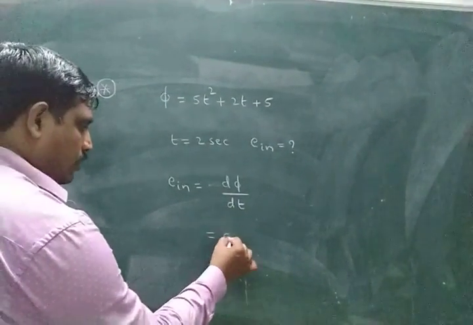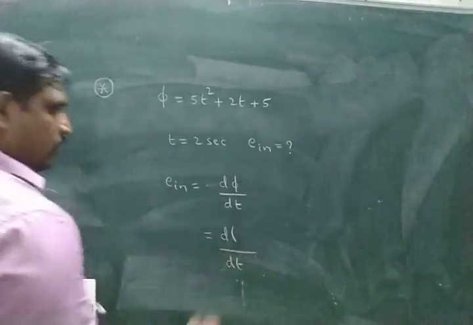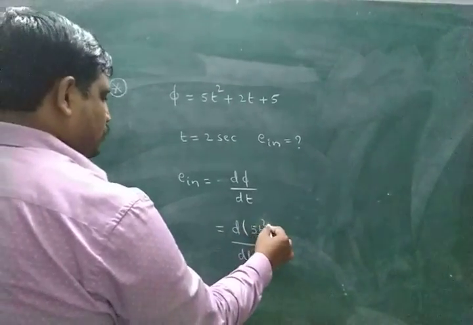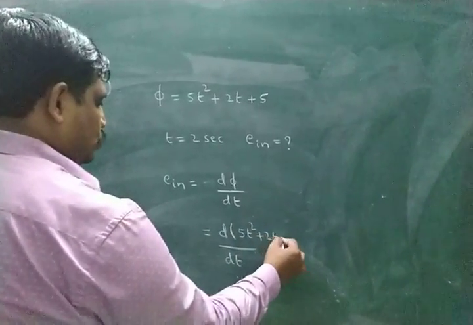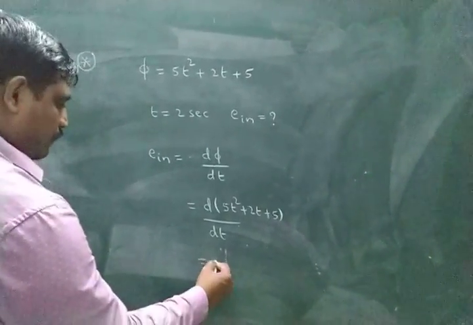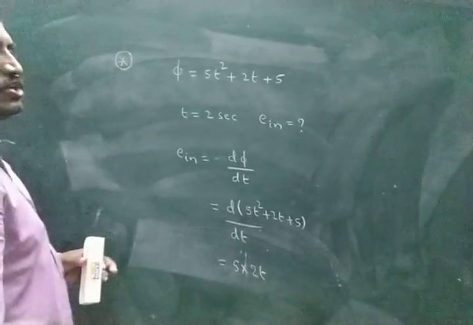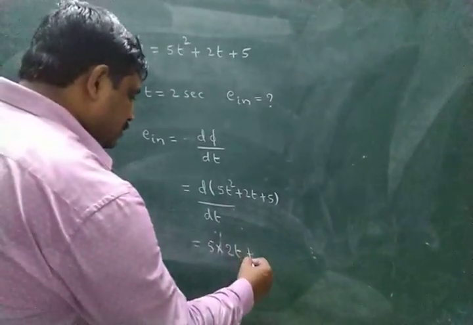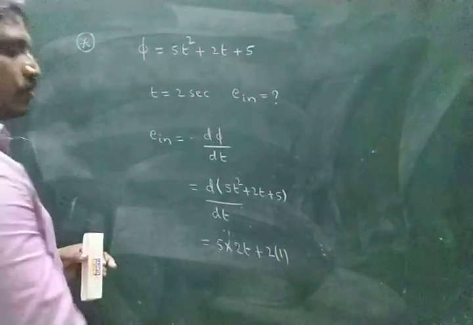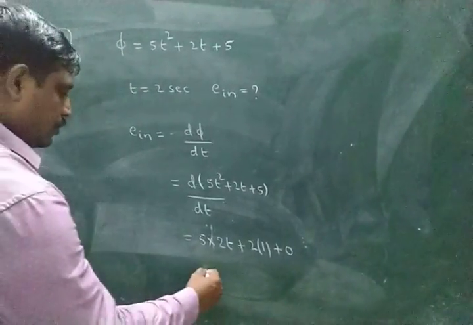Here d by dt. Here phi is 5t square plus 2t plus 5. In the situation, phi common, t square differentiation is 2t, plus 2 common, t differentiation is 1, constant differentiation is 0.